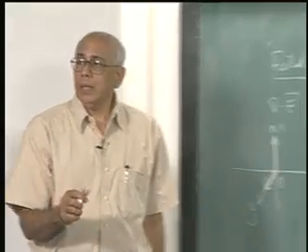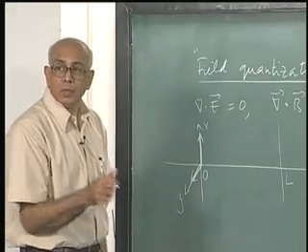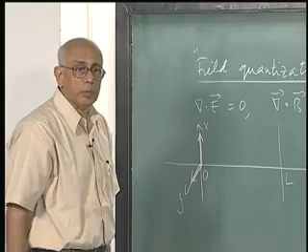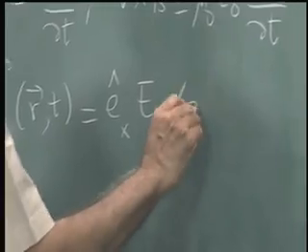As you know, E, B and K, but K is a propagation direction for electromagnetic waves, they form a right handed triad. The unit vector in the E and B directions, if you take the cross product, you get the unit vector in the direction of propagation. So this is Ex, and that is a function of z and t alone.